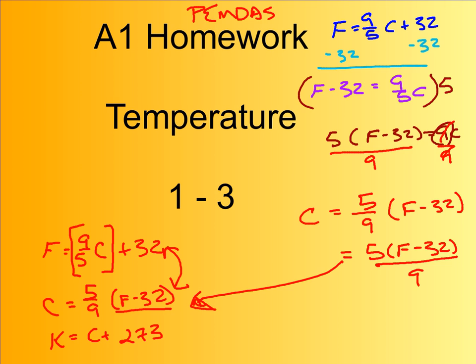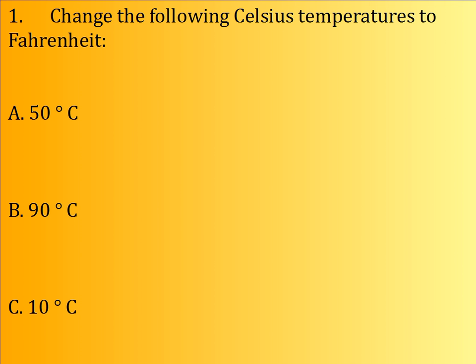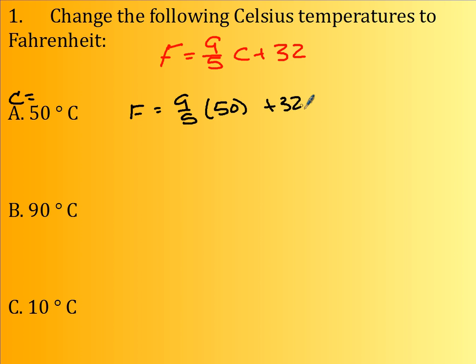All right, let's work a couple problems. Change the following Celsius temperatures to Fahrenheit. To go from a Celsius temperature to Fahrenheit, I'm going to use the formula F equals 9 divided by 5 C plus 32. In this case, C is 50. So F is 9 divided by 5 times 50 plus 32.